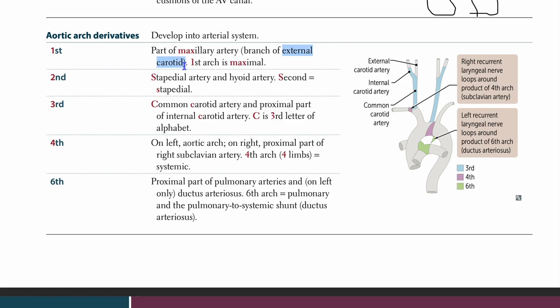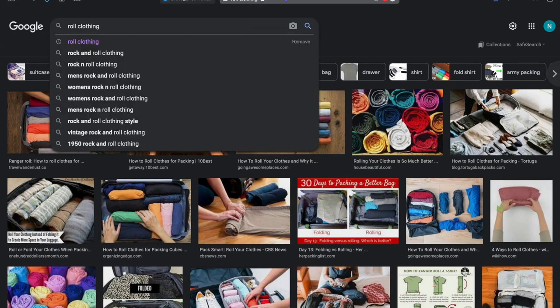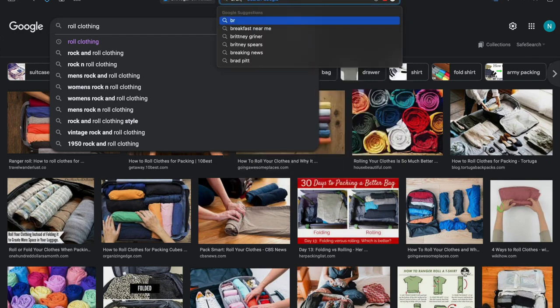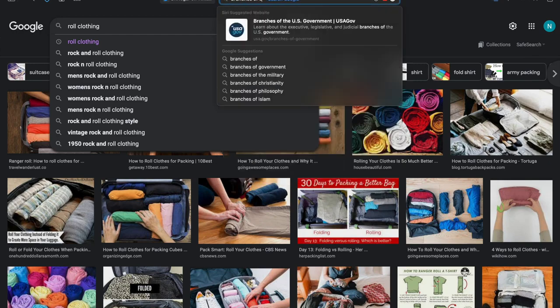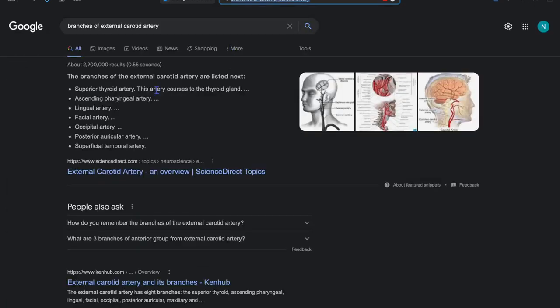artery. Side note, you guys should know the branches of external carotid artery. They're like 8, right?